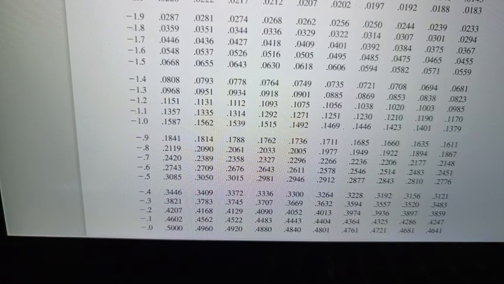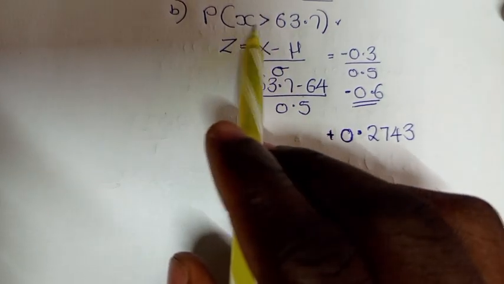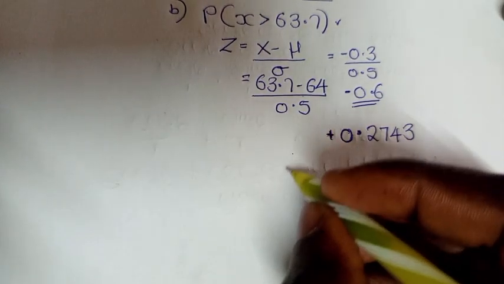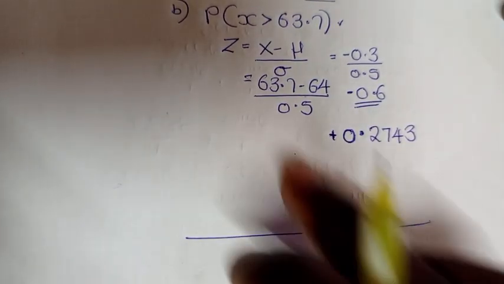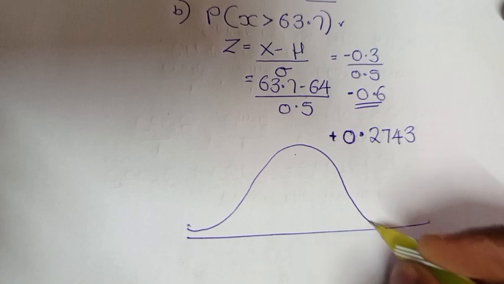So having gotten this value, we need to ask ourselves one question. Remember, they have told us that x should be greater than 63.7, and we know for sure that the normal distribution table of this kind is given by this diagram.